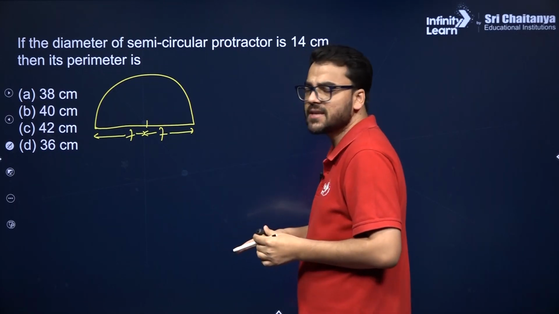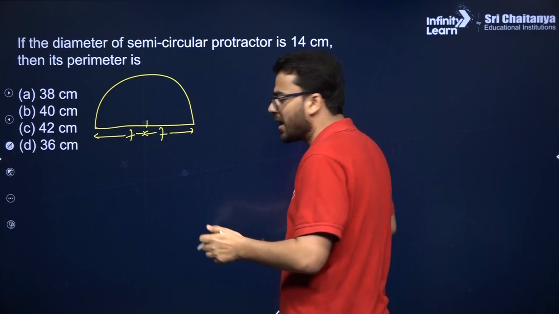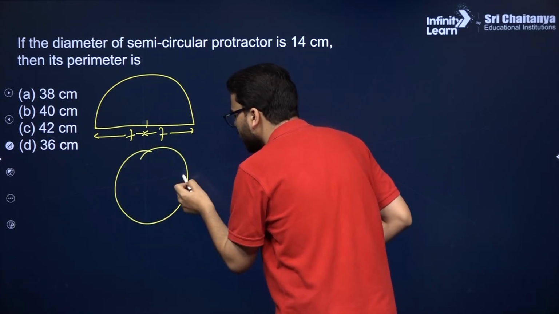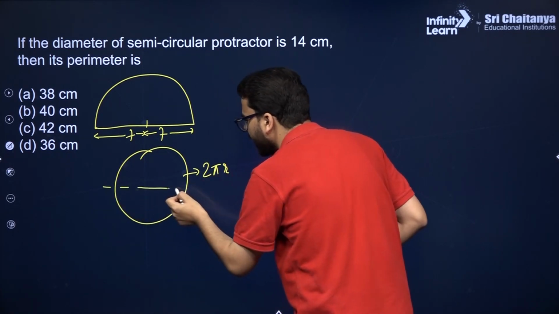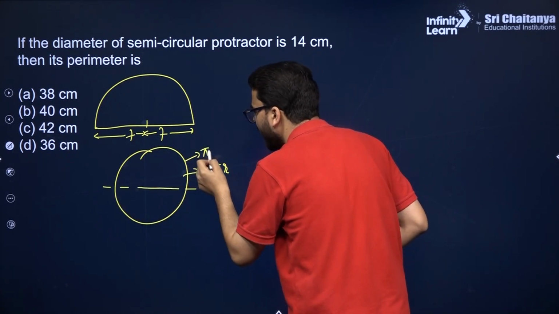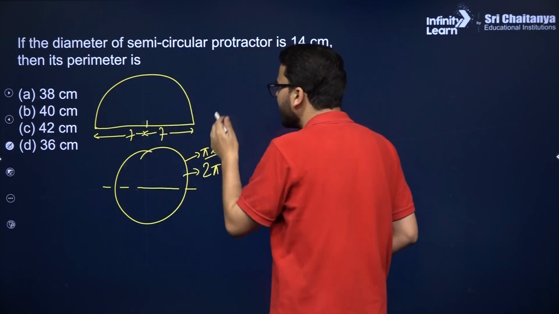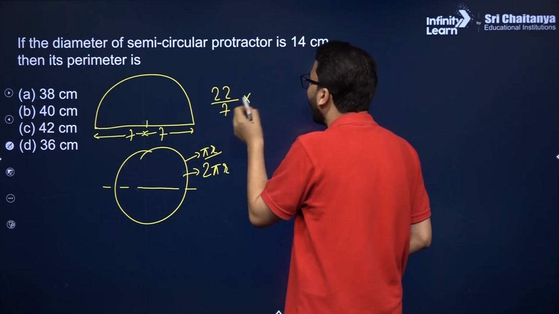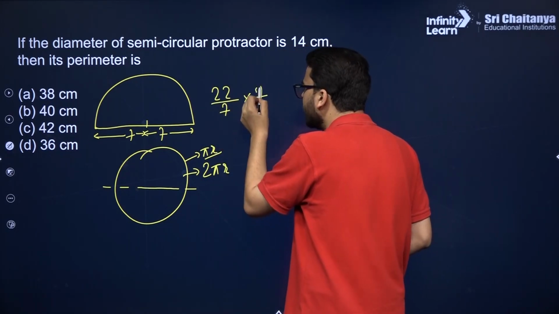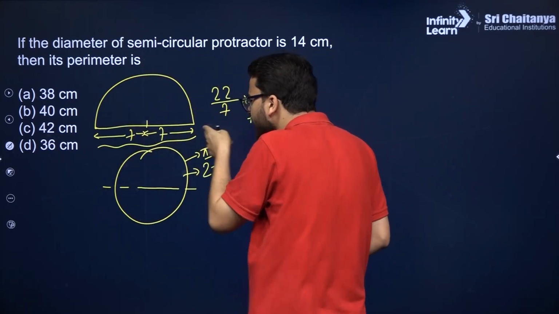So perimeter of a semicircle will be this thing plus this thing you have to take. For a complete circle it is 2 pi r, yes or no? For a complete circle it is 2 pi r. So for half of it you have to take only pi r, yes or no? Only pi r you have to take. So its perimeter will be pi r, that is 22 upon 7 into r is 7, plus you have to include the diameter as well, because perimeter is the length of the boundary.